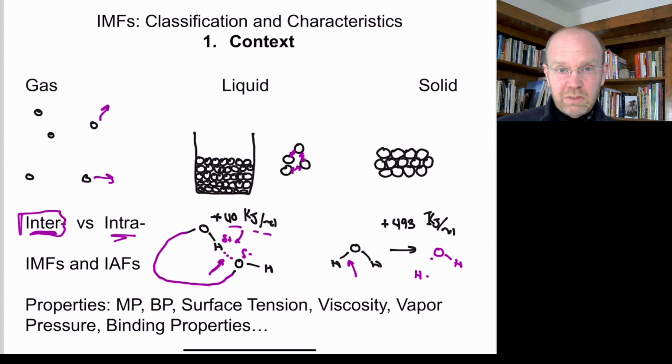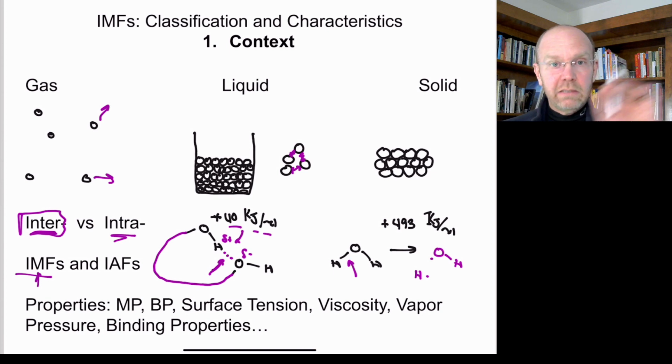Okay, the other confusing part is chemists have adopted this term intermolecular force. The problem is that elements, let's think about helium, for example. We know helium is a gas, right? If we compress helium or we cool it down to 4 Kelvin, eventually it will become a liquid. The forces that hold individual helium atoms together are not intermolecular forces, they're interatomic forces because helium is an atom, but we still call them intermolecular forces.